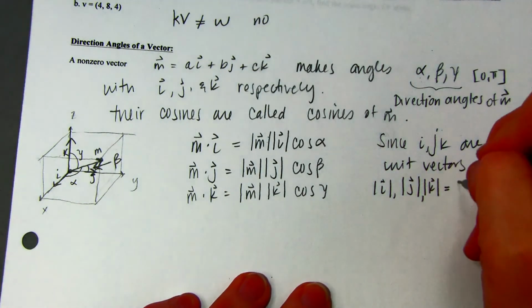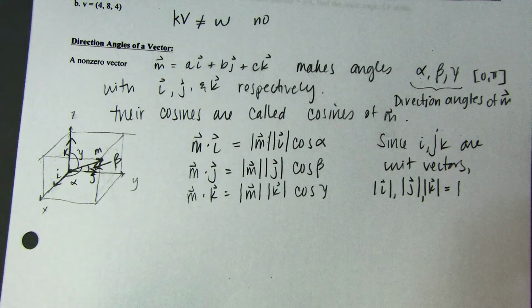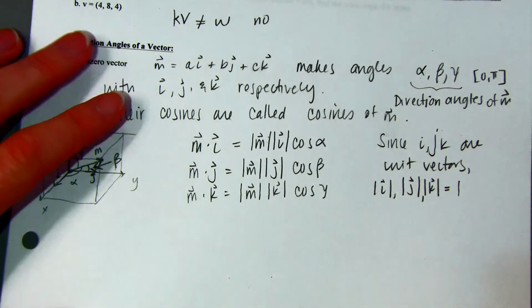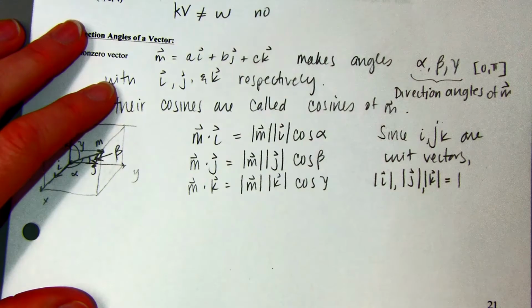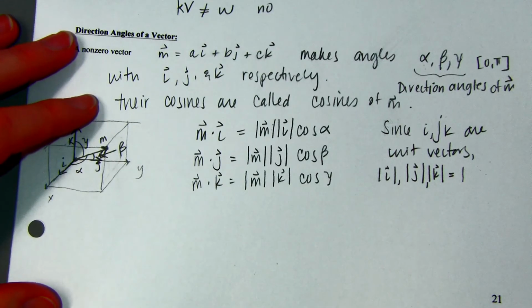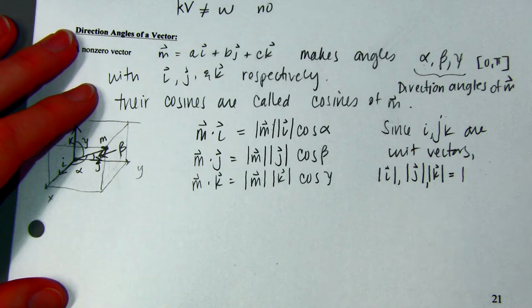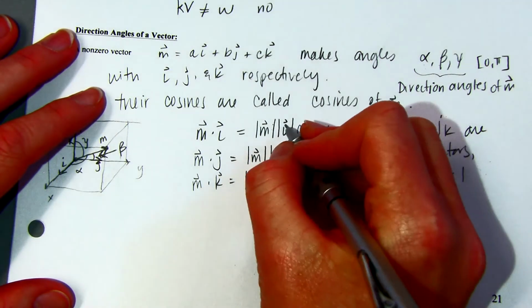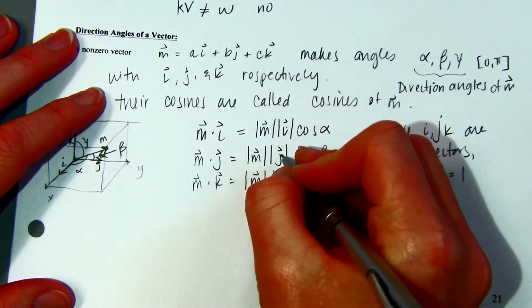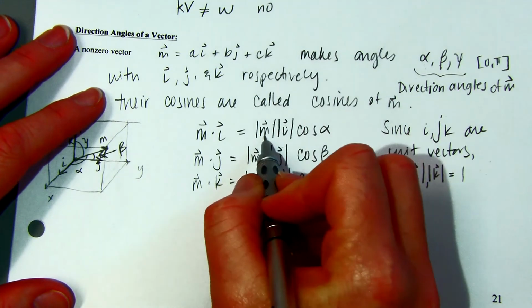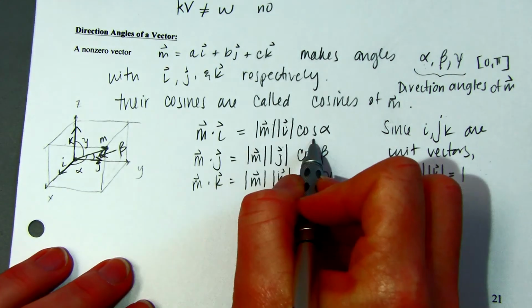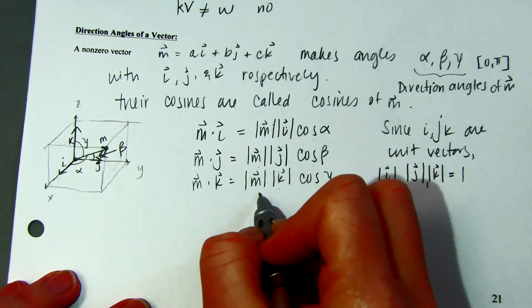A unit vector has a length of 1. So I can replace all of these i, j, and k magnitudes with 1. We have the magnitude of m cosine alpha, magnitude of m cosine beta, magnitude of m cosine gamma.